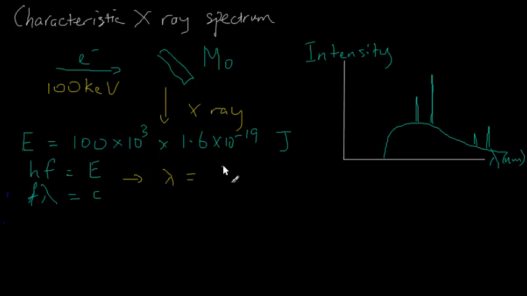So that would be c, the speed of light, over frequency, and frequency would be E over h. So one over frequency would become c times h over E. From there, putting in the numbers, let's see what numbers we need.